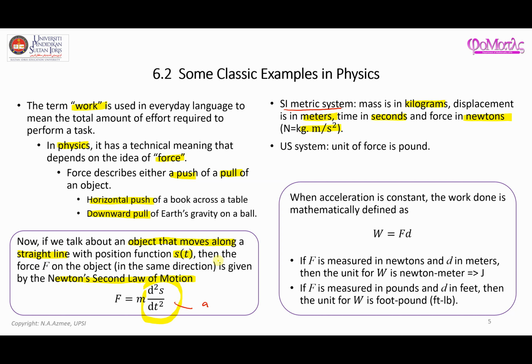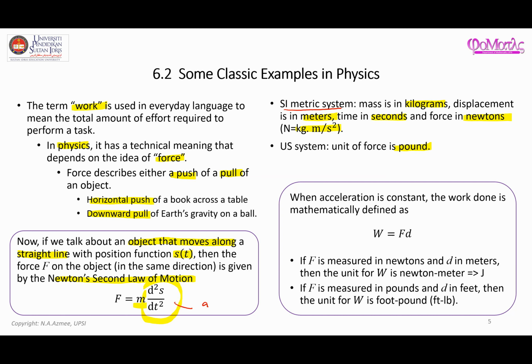This can be clearly seen based on this equation, because mass is in kilograms, and this is acceleration, which is meter per second squared. When it comes to another system, the US system, the unit of force that is used is the pound.